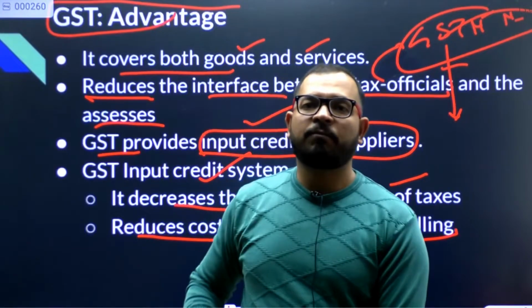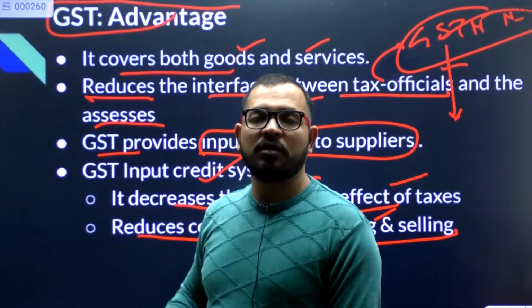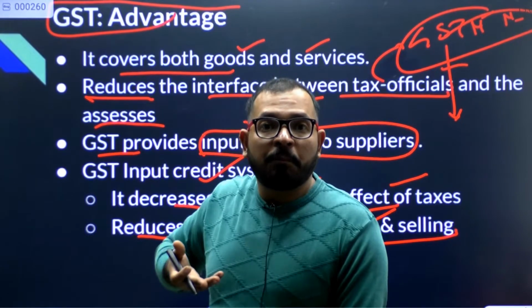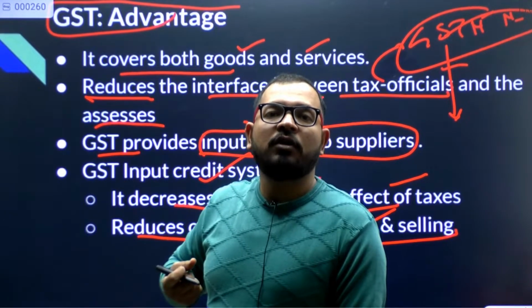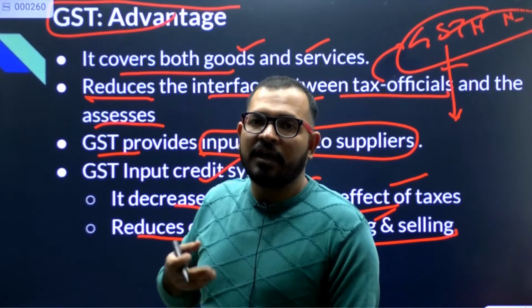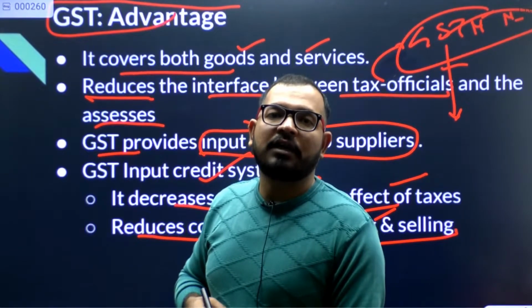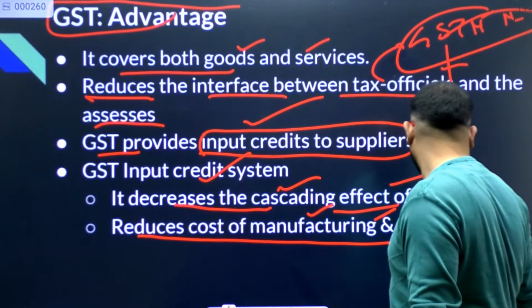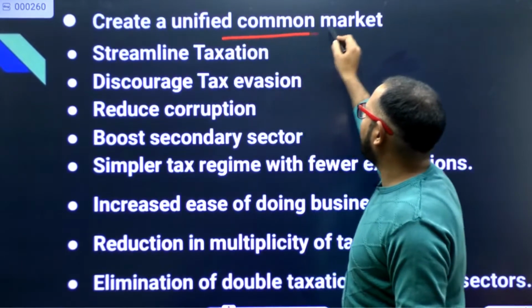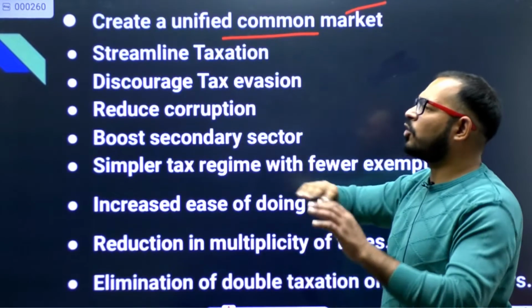Now when the final consumption price is reduced, the propensity to consume of the consumer will increase, and further it will give a boost to the economy. It is creating a unified common market across India.